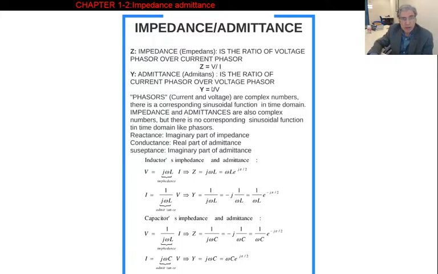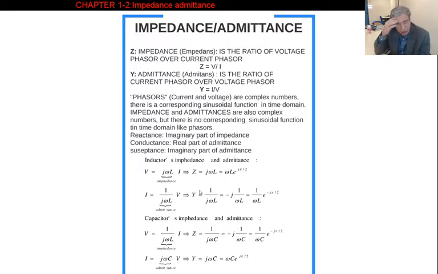If you write it I over V, that means the inverse of this impedance, which is Y, and this has a special name. It is called admittance. So you can compare it with the resistor.